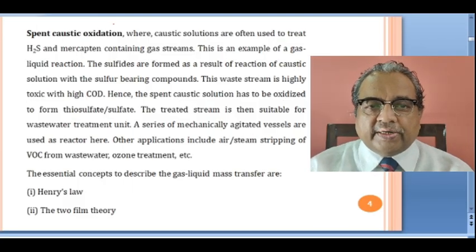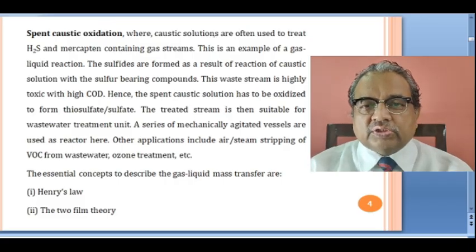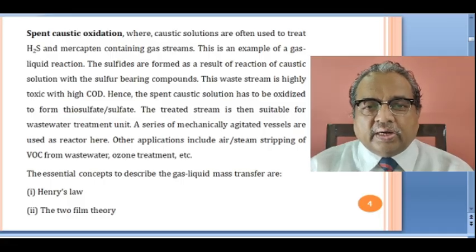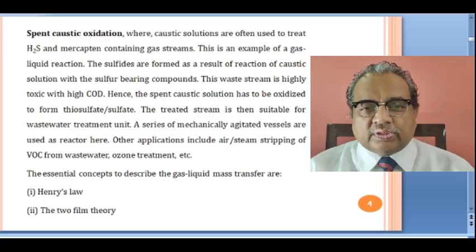Then we have spent caustic oxidation, where caustic solutions are often used to treat hydrogen sulfide and mercaptan containing gas streams. This is an example of gas liquid reactions. The sulfides are formed as a result of reaction of caustic solution with sulfur bearing compounds.